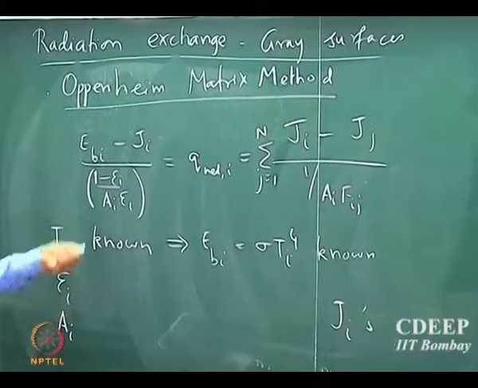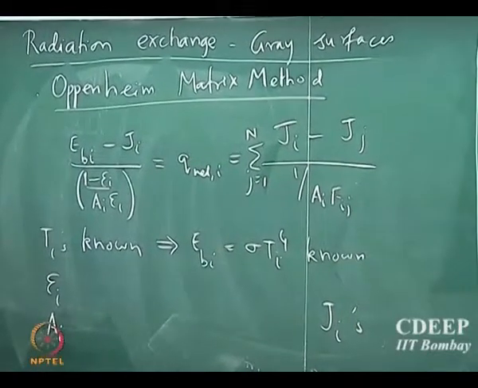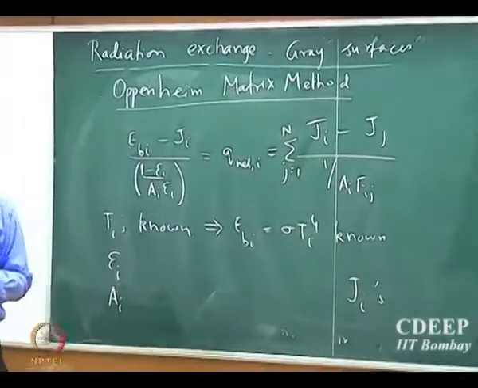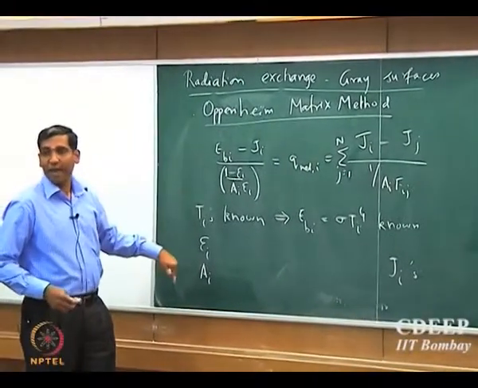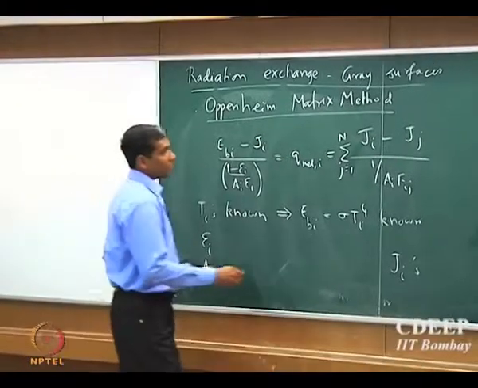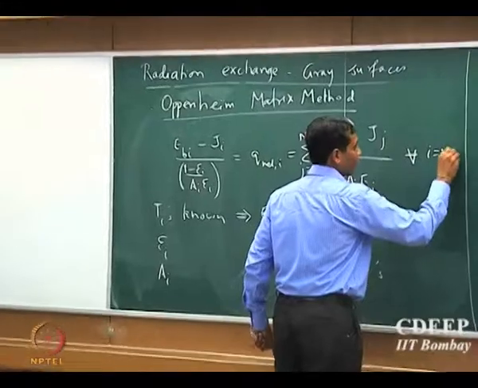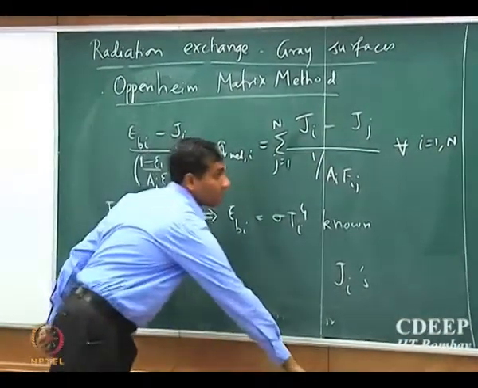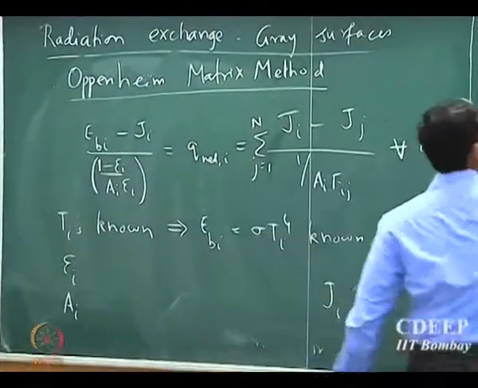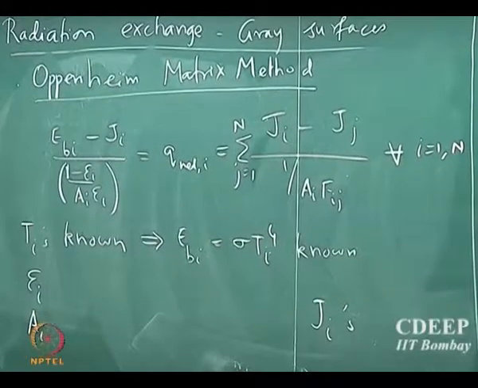Is it a solvable problem? How many equations are there? N equations. You have one equation for every value of i, so this equation is valid for all i going from 1 to n. Is it a linear or a non-linear problem?